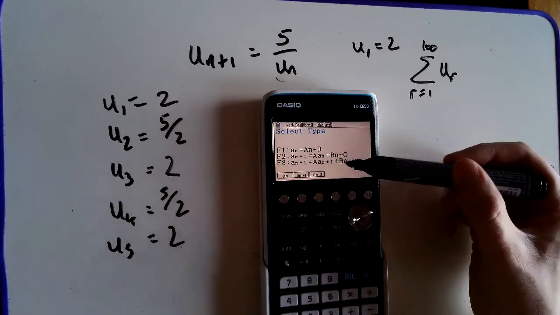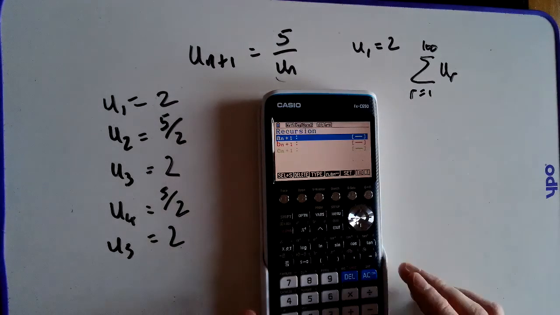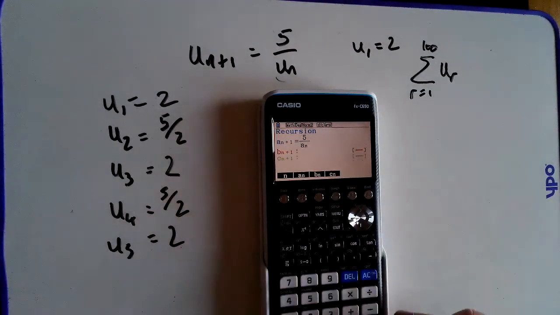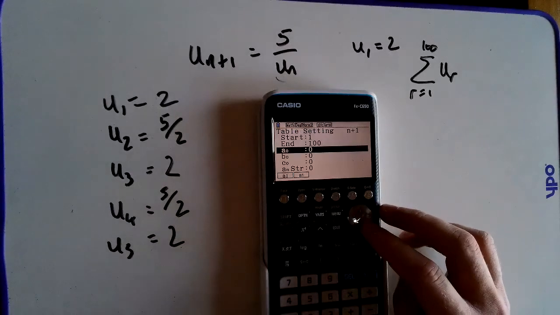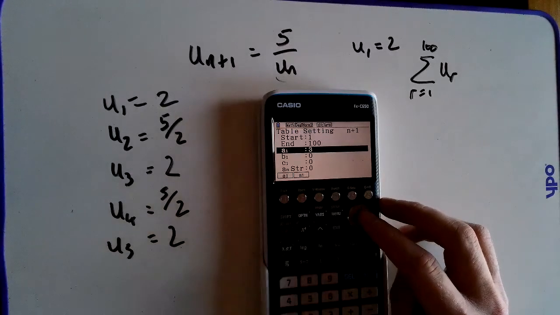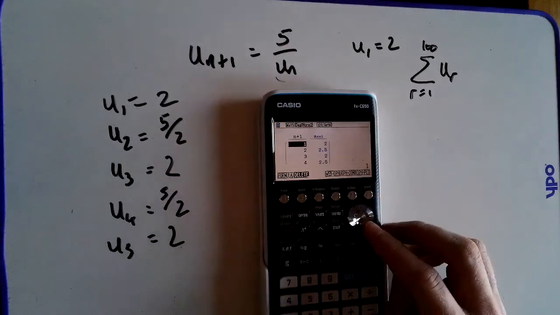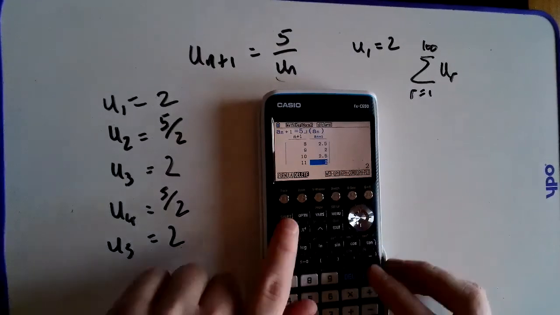And the third one is when it's like a Fibonacci sequence. So we want the second one, and it's 5 over the previous term. Now remember, I changed my settings, so I start with 1, and so A1 starts at 2. And if I draw my table, there you go, 2, 2.5, 2, 2.5, 2, 2.5, etc.